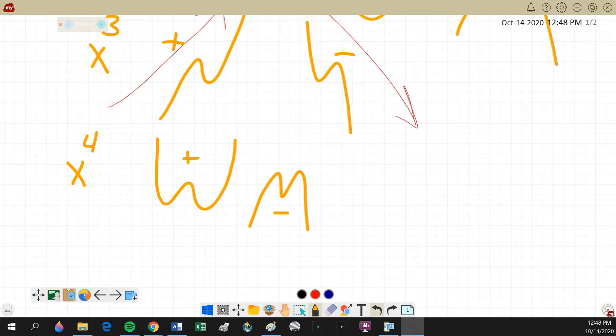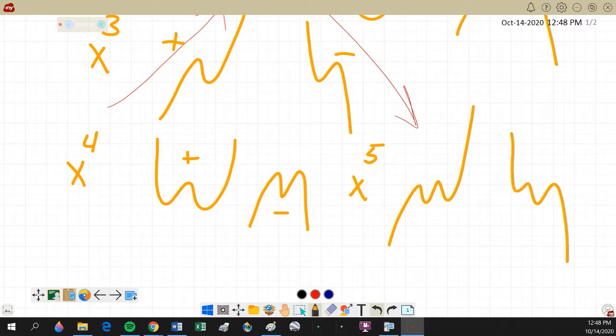Does that make sense? What about an x to the fifth? X to the fifth is like x to the third, it just has more wiggles. This would be positive and this would be negative.